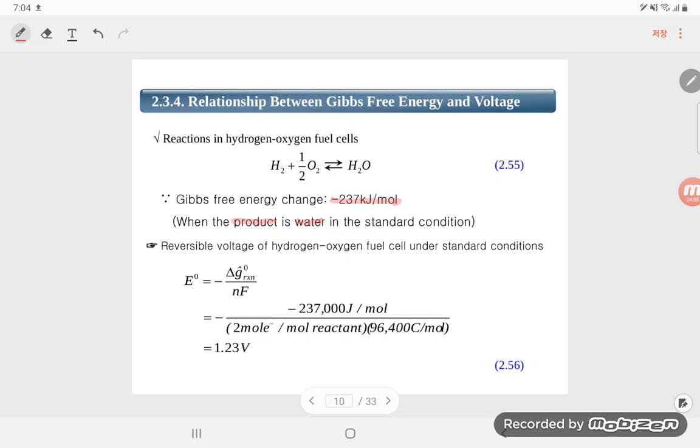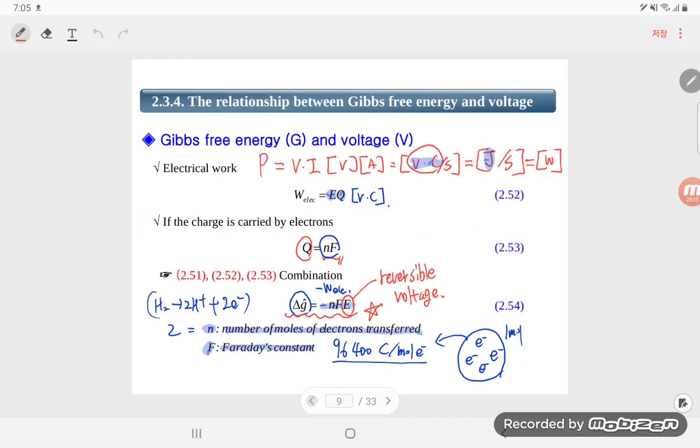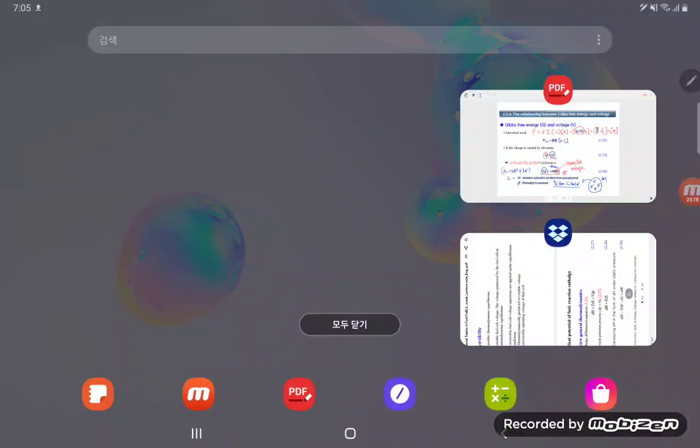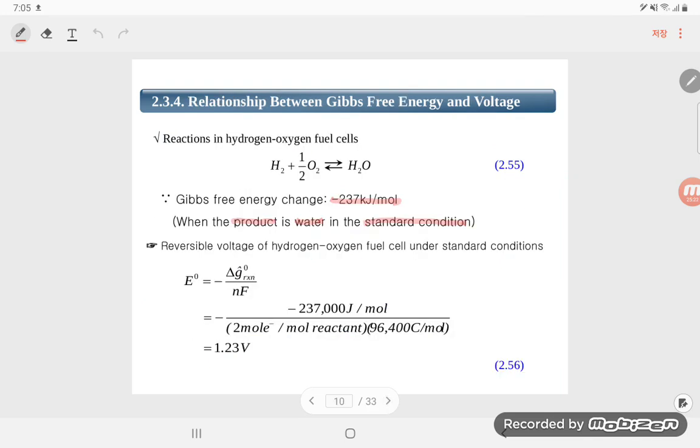In the standard condition, that is important too. We only talk about the standard condition until now. And we can calculate the reversible voltage like this. If we divide both sides with minus nF, then we can get the reversible voltage in the standard state condition.